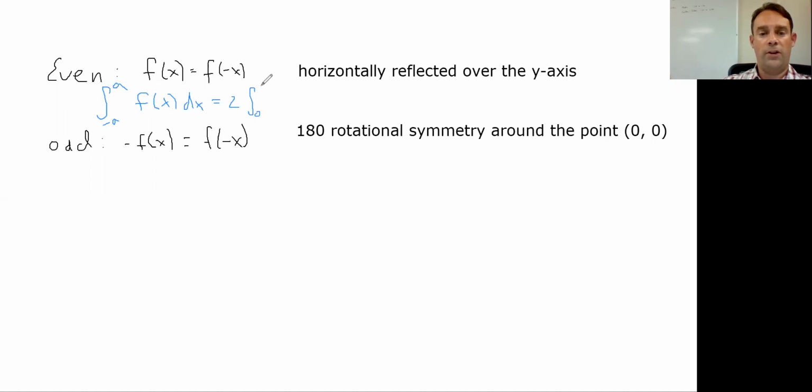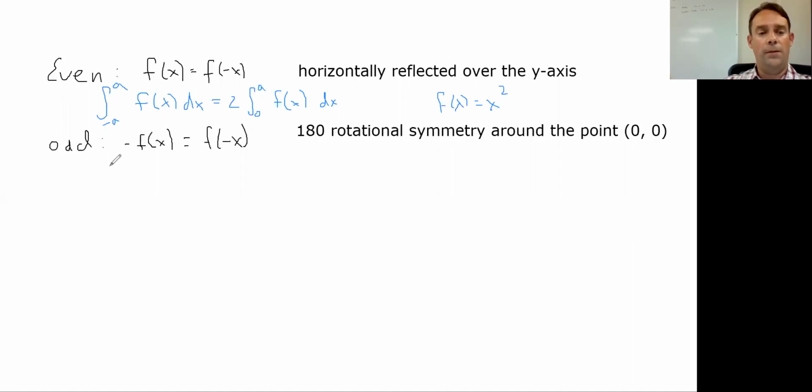You only have to actually evaluate it from 0 to a. We'll see this in an example in a second, and the function we're going to use that's even is just old-fashioned x squared.